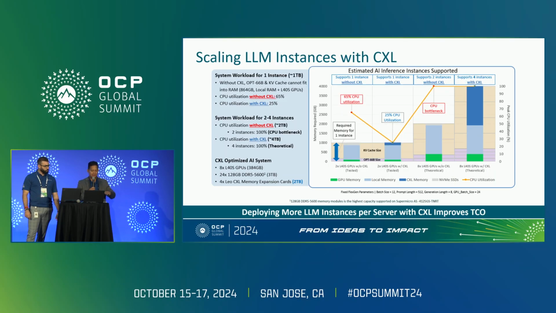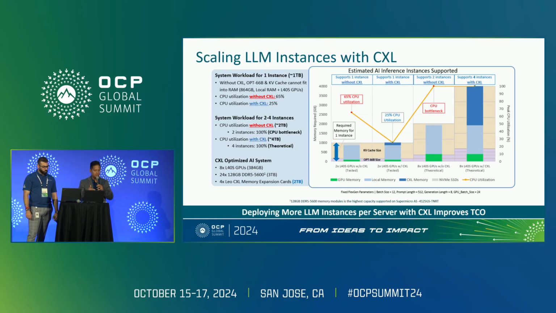So to make the math easier, one instance is approximately using about a terabyte of memory. Then you're seeing all the different tiers stacked up, green, blue, and gray. The gray actually represents the NVMe SSD. Even though the SSD has quite a large capacity, it's not using so much because FlexGen is going to use the fastest tier available.